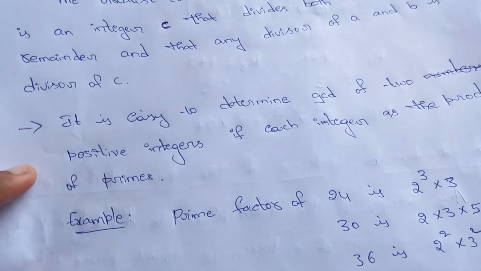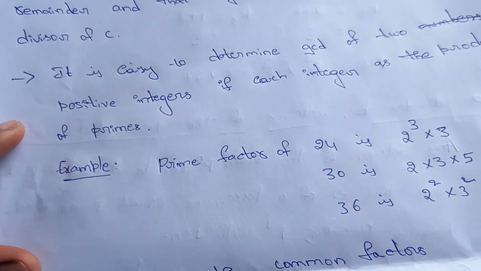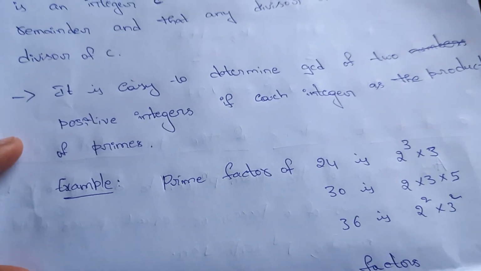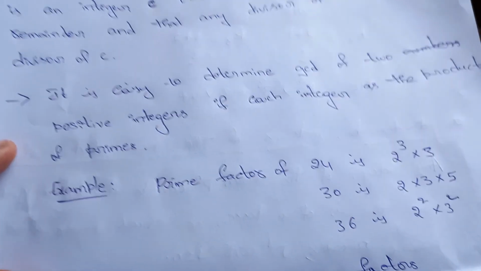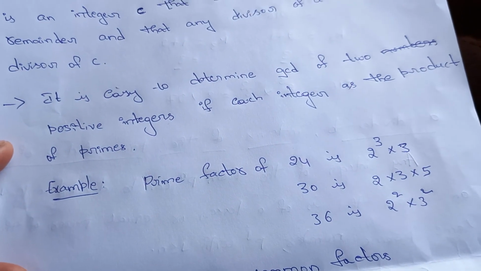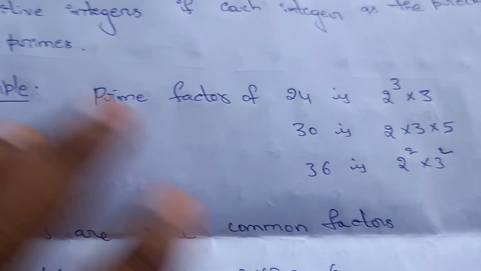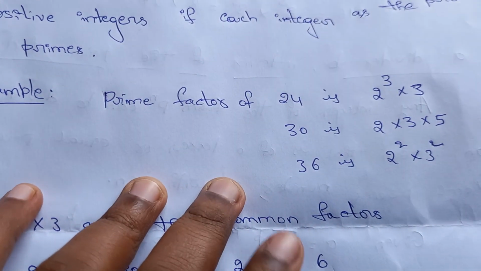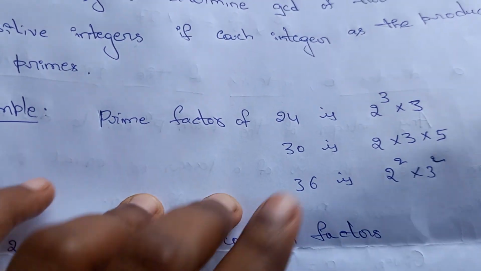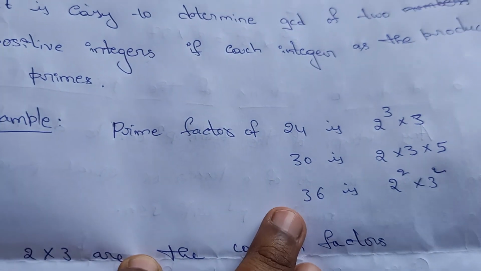Next, by using the prime factors, it is very easy to determine the GCD. See the example of GCD of two positive integers when each integer is written as a product of primes. Here I have taken the GCD of three numbers, but you can consider only two numbers.